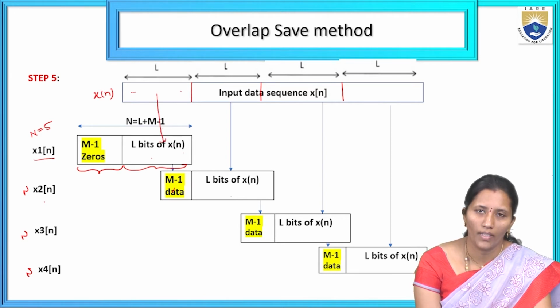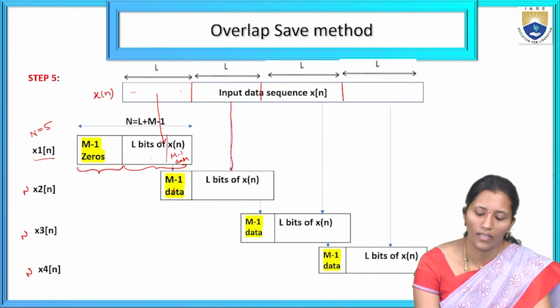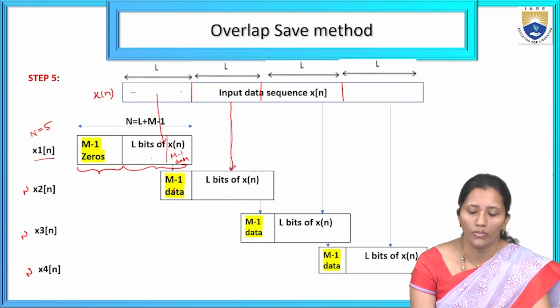And for x2 of n, the first m minus 1 bits will be the last m minus 1 data of the previous segmented block, that is x1 of n, followed by the next new L bits of x of n. So these next L bits will come here.